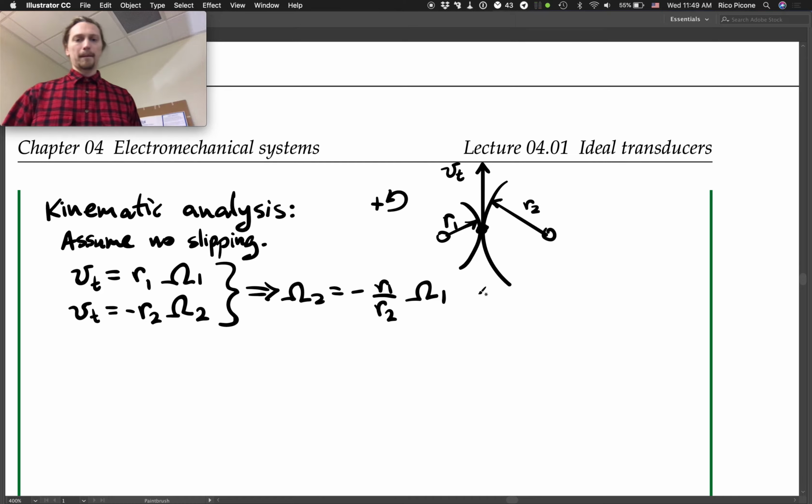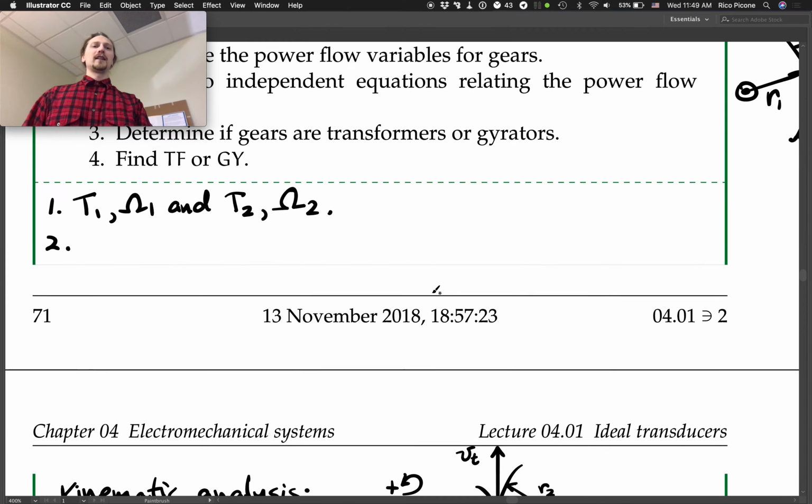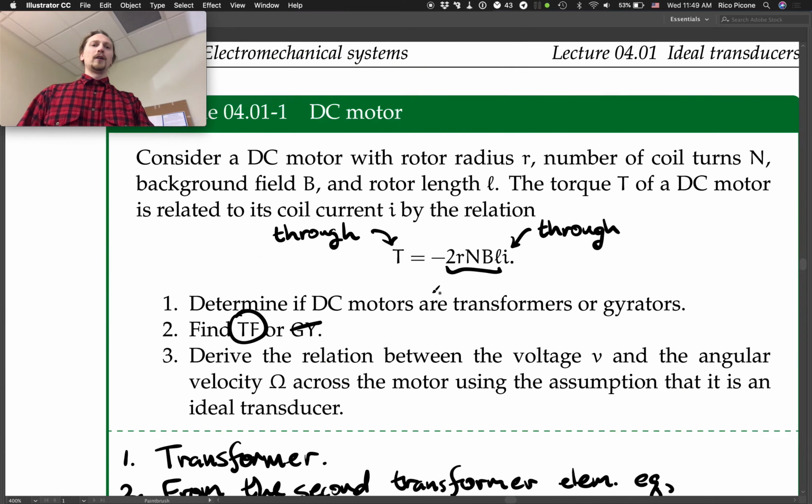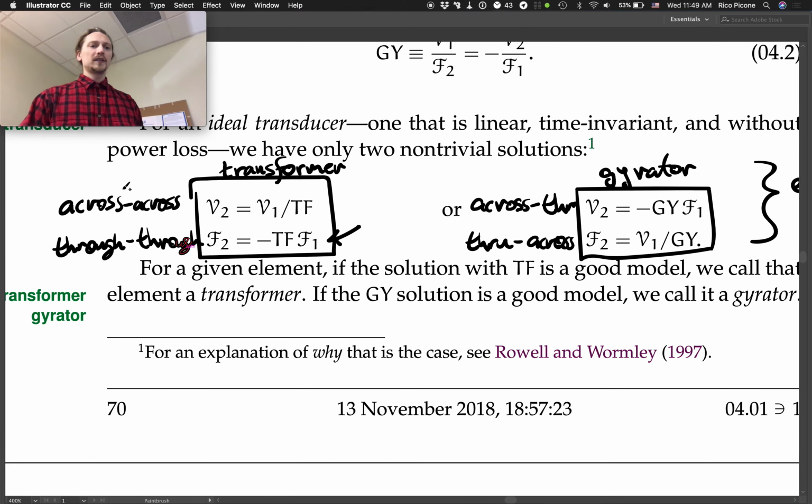Cool. So this is an elemental equation. It relates an across variable to an across variable. We could identify it with, is it a transformer or is it a gyrator? It's across to across, right? So if we go back up here, you see across to across only happens in a transformer.